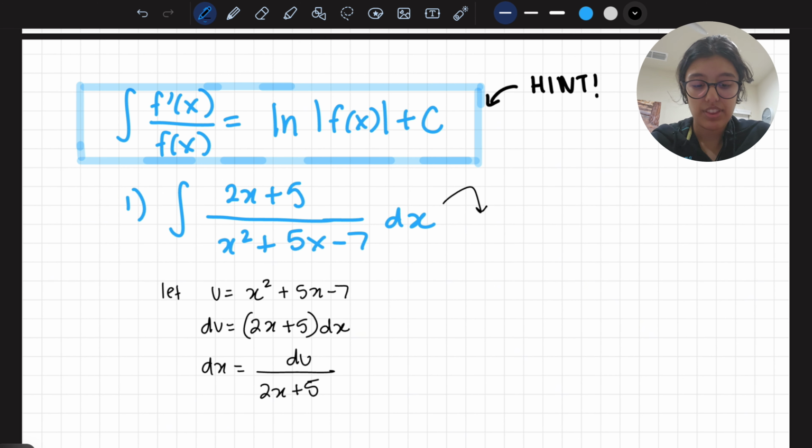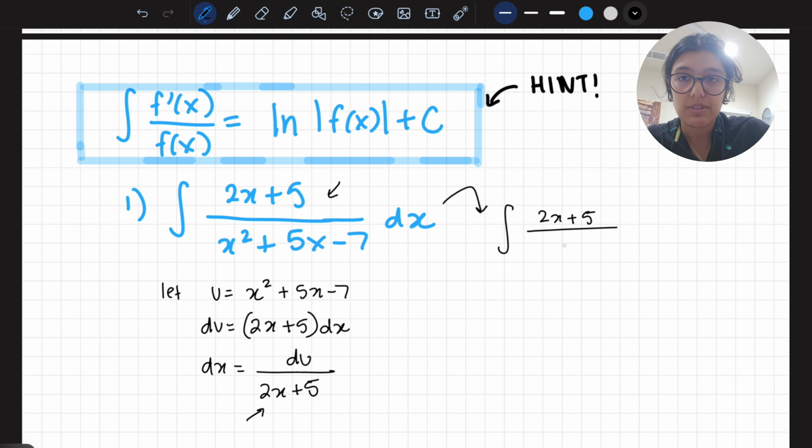Now we have everything we need. We have this 2x plus 5 at the bottom, and 2x plus 5 at the top. We're getting somewhere over here. I'm going to rewrite the original integral, which was in terms of x, in terms of u. So we have integration of 2x plus 5. I'm going to leave that there for a moment. And we said the denominator was u, and we said dx was equal to du over 2x plus 5.